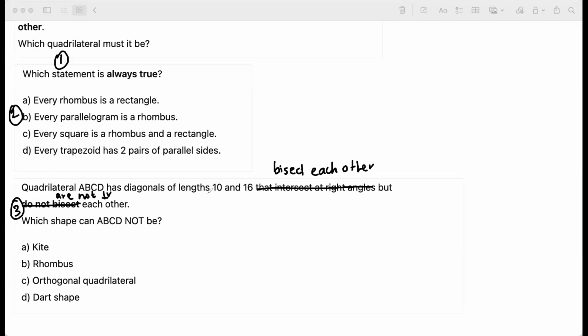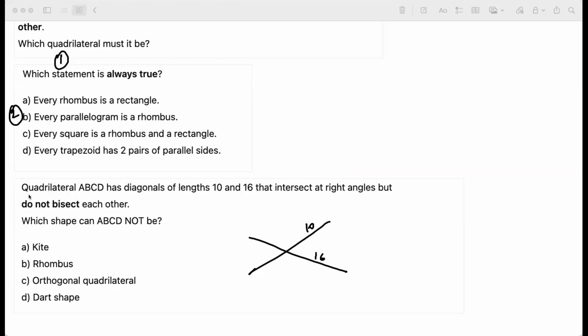Quadrilateral ABCD has diagonals of length 10 and 16. They intersect at right angles, which means they are perpendicular. Oh yeah, that was also right only. You don't have to deal with this. Sorry. So they intersect at right angles, but they do not bisect each other.